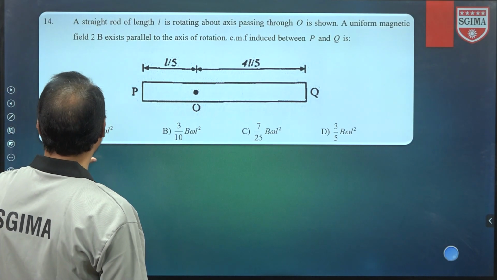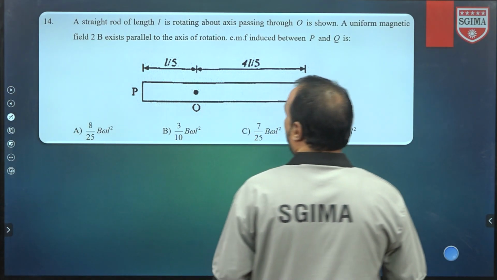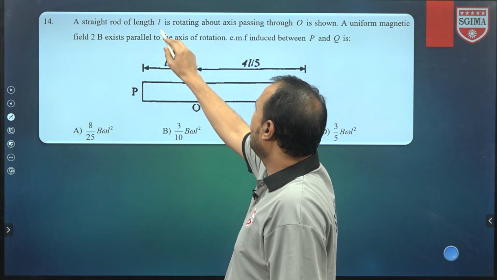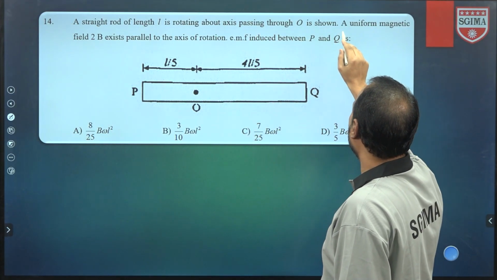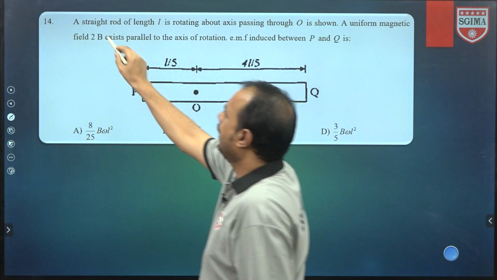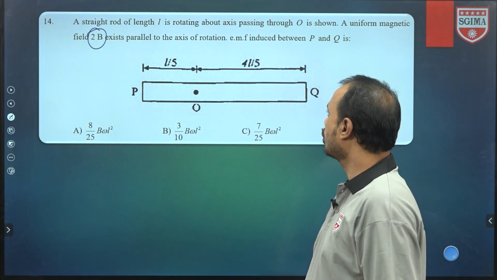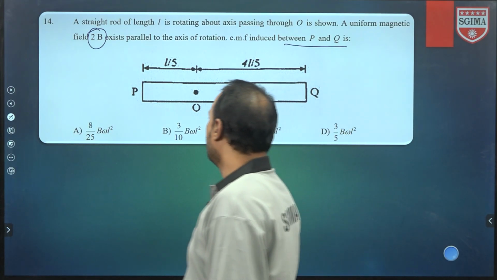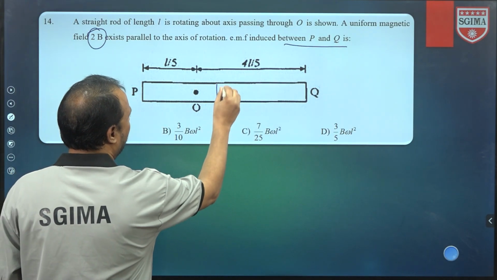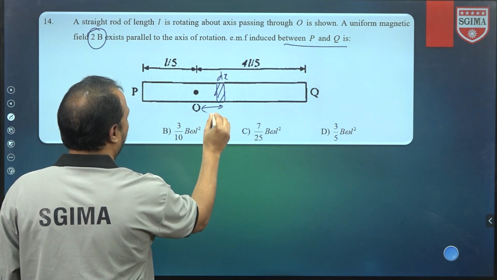Next question. Question number 14 is given: a straight rod of length L is rotating about an axis passing through point O as shown. A uniform magnetic field exists parallel to the axis of rotation. The EMF induced between P and Q is asked. So we consider a small length element dx at a distance x.